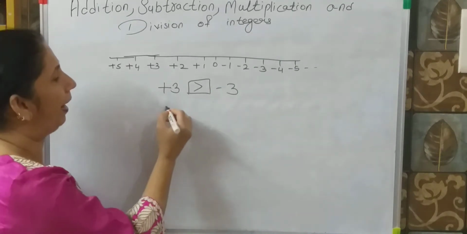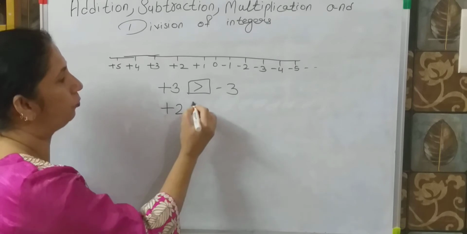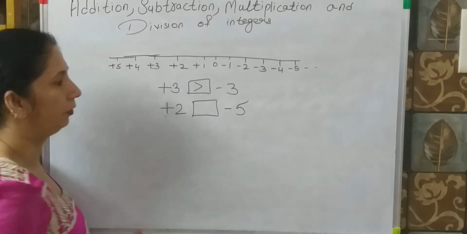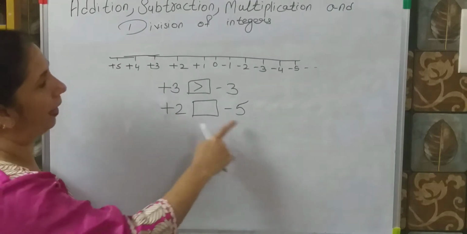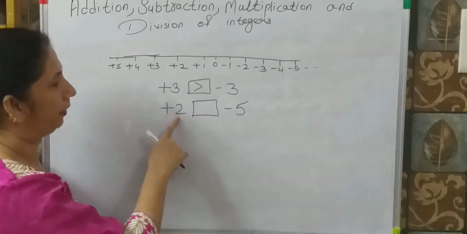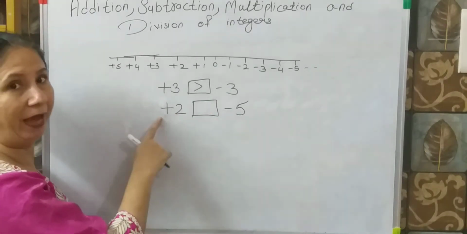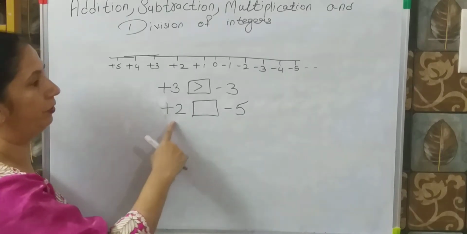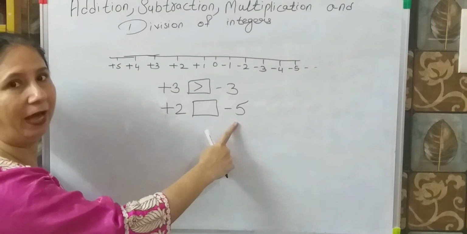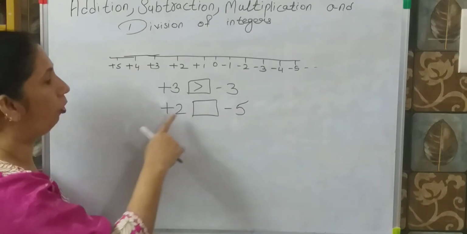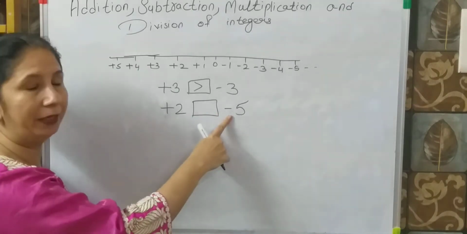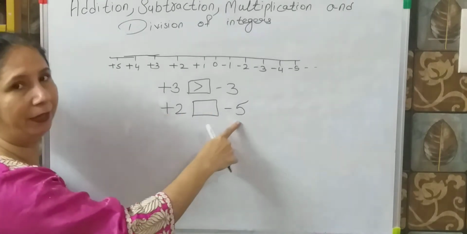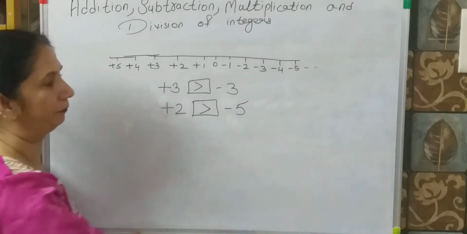Now suppose we have the numbers +2 and -5. If you compare the numbers, 5 is bigger than 2, but we have to compare with sign. Here on this side we have a positive 2 and on the other side we have a -5. So always the positive sign is bigger than the negative sign. So +2 is bigger than -5.